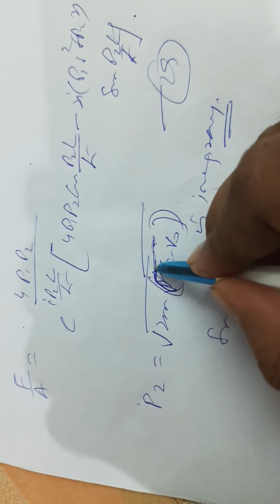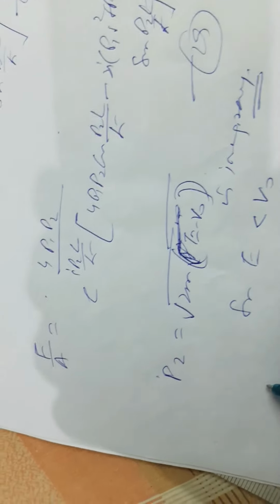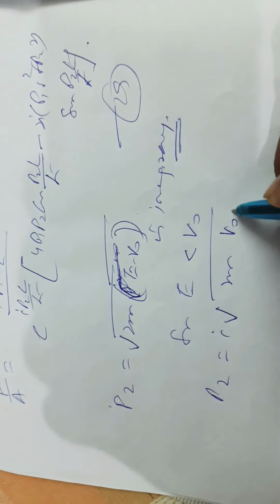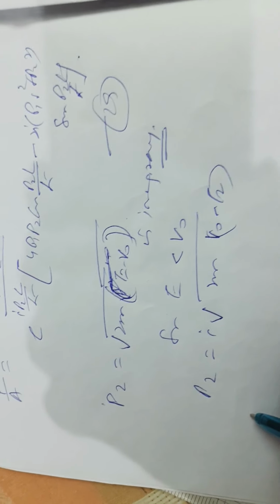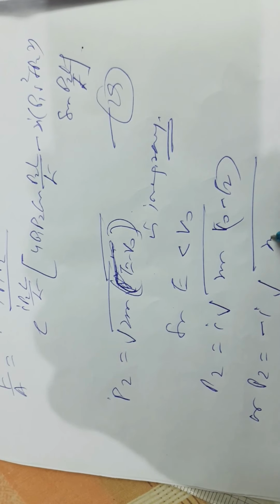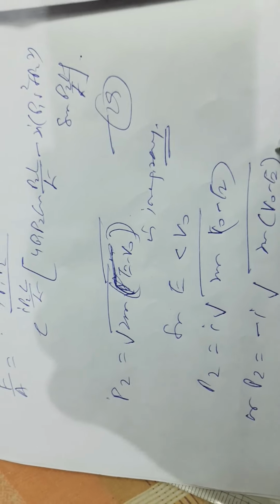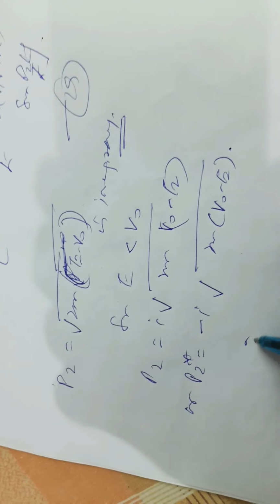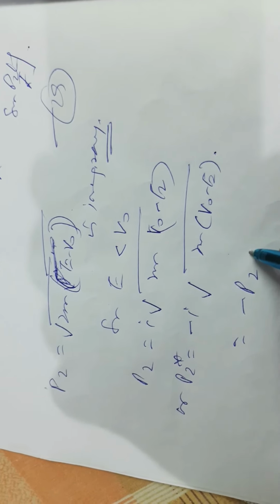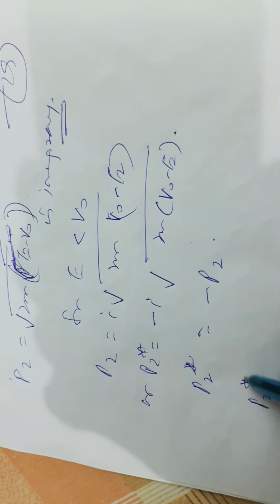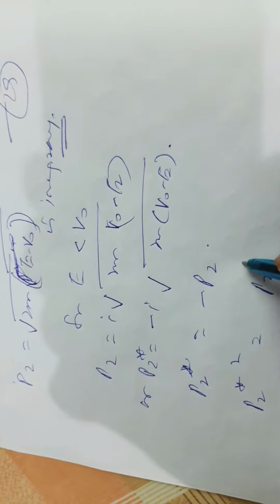Now here we can write that P2 is equal to i under root 2m into (V naught minus E), or P2 is equal to minus i under root 2m (V naught minus E). This is the conjugate of it, which is obviously minus of P2. So P2 asterisk is equal to minus of P2, or P2 asterisk square is equal to P2 square.